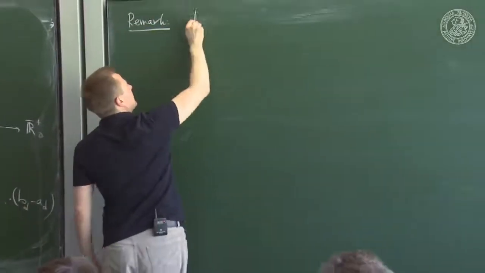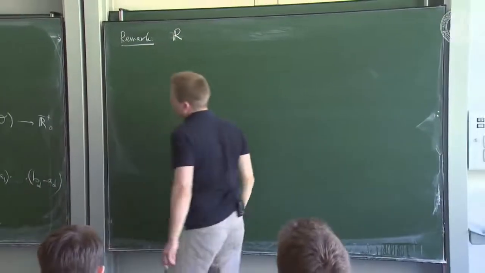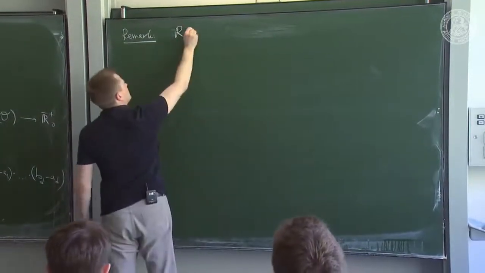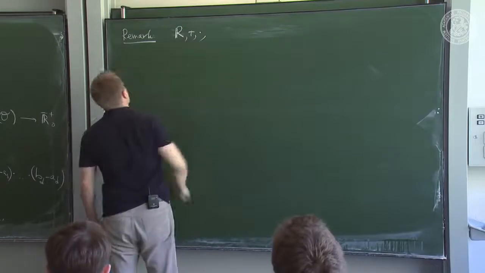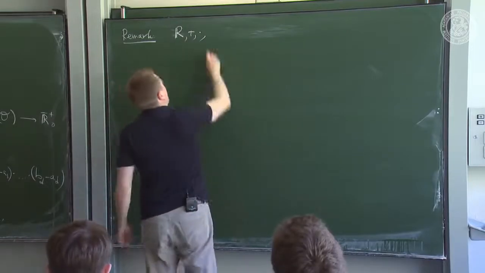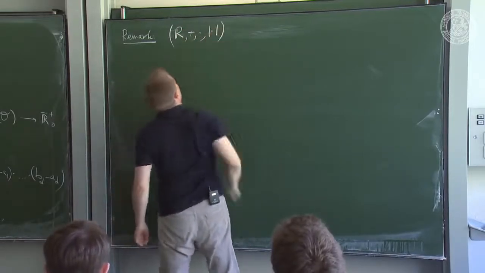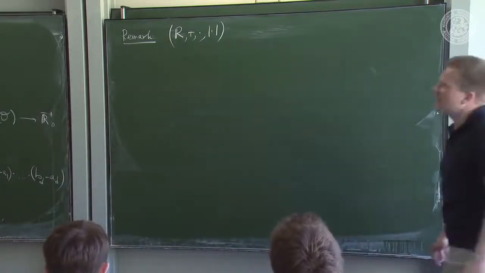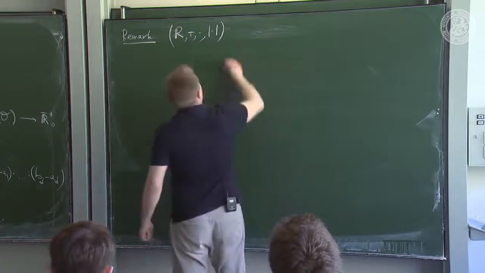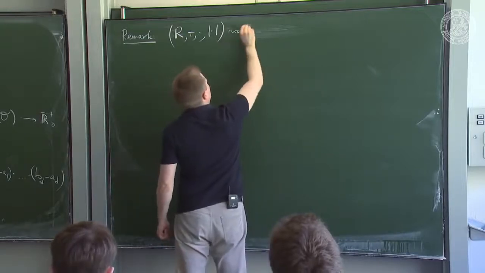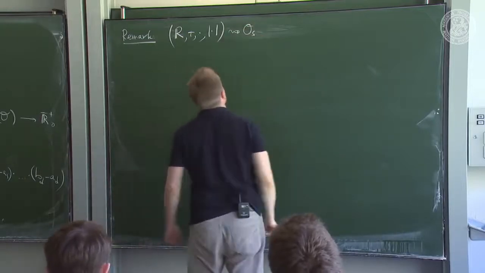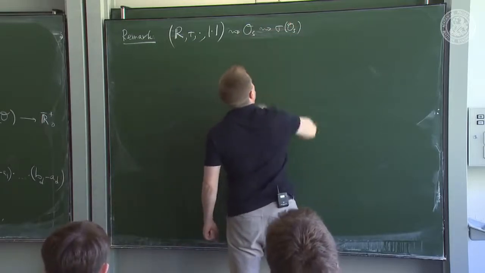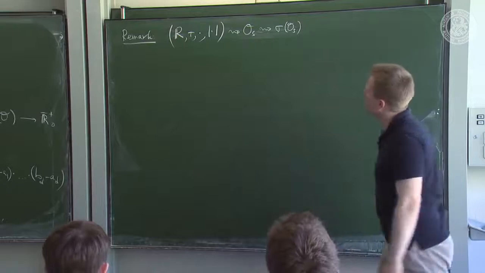If you only start with the set R, and the addition on it, and the multiplication, and an absolute value, so you take the field R with an absolute value, then from this, obviously, you can construct the standard topology. From this, you can construct the Borel sigma algebra.